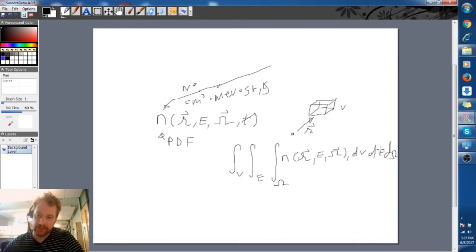That's a d omega there. That's a dE. Okay, so that's going to give us the number of neutrons in this tiny little volume here. And how you can think of this is we have our 7-dimensional state space. And what the neutron density function is doing is mapping the 7D space to a point, or a volume or whatever, in 3-dimensional space.